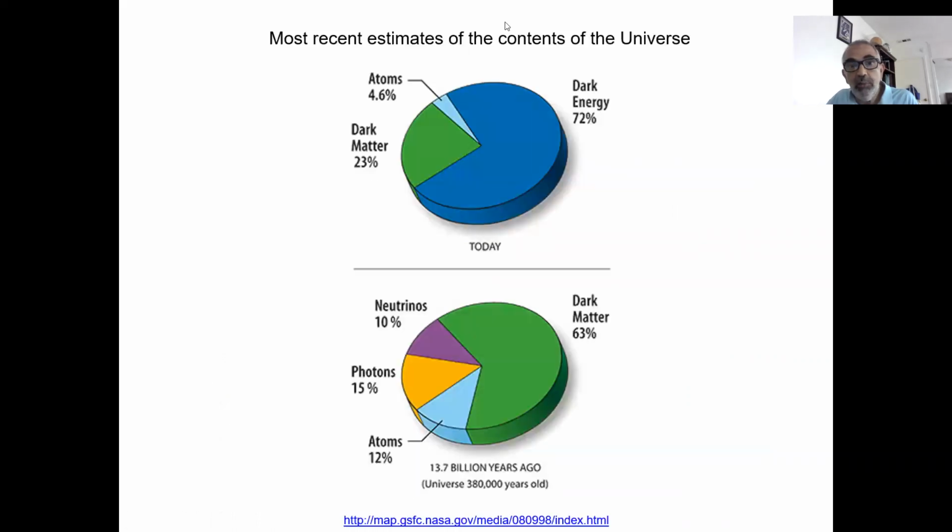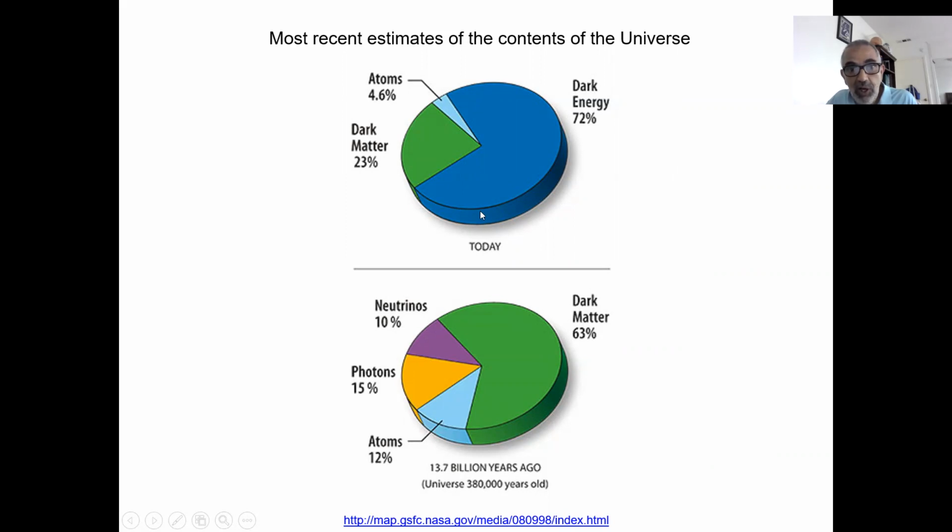And so the most recent estimates of the contents of the universe are here on this slide. 13.7 billion years ago, it's estimated that dark matter was 63%, neutrinos about 10%, photons 15%, atoms 12% of the universe.